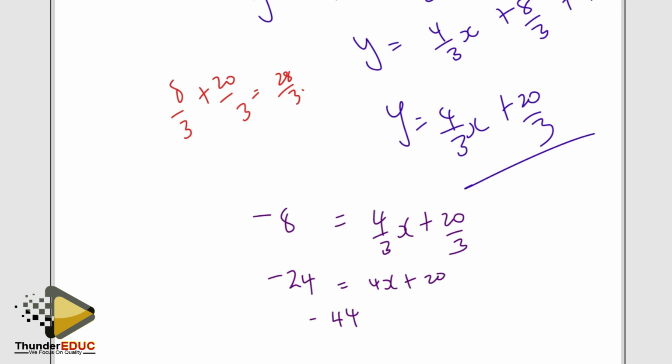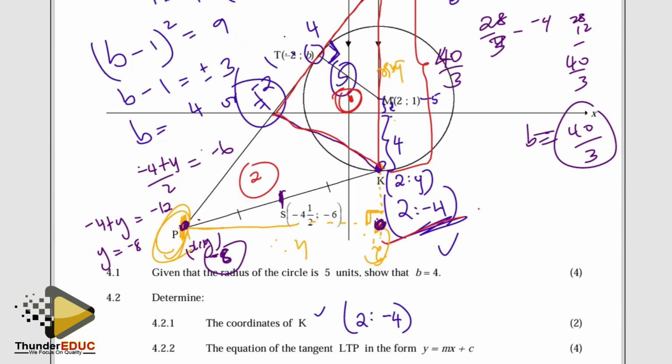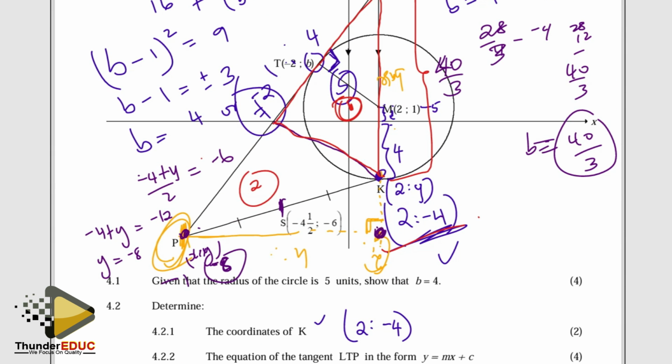It's a negative 44 over 4x, which means x is negative 11, not 16. So negative 11 is what we have here. So the distance down here is going to be 2 and 11, which gives us 13 units.